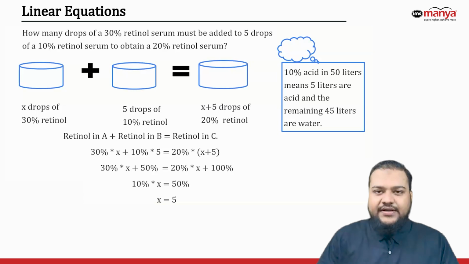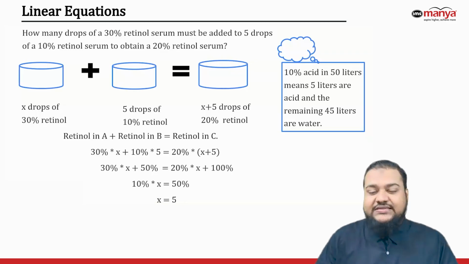Remember, what we did here is we first tried to clear the air, right? When I read this question, I was puzzled. What is going on? Then I tried to see this with a simple example of a vessel with 50 liters, 10% acid, and I got the idea clear. Then I got to know that they are mixing vessel A's component with vessel B's into vessel C. That means the quantity of the retinol is getting added.